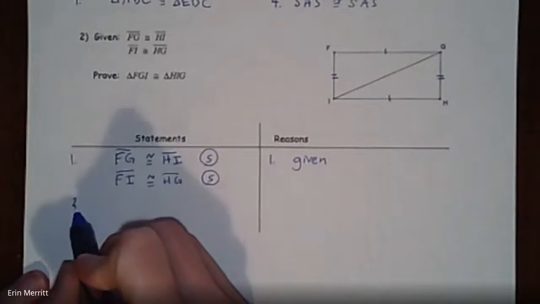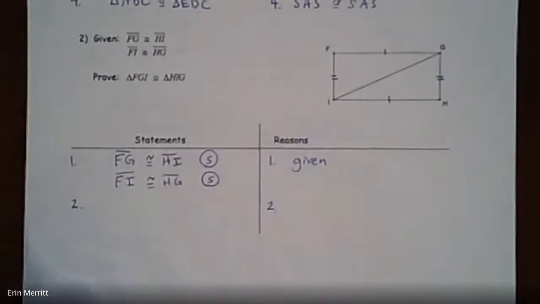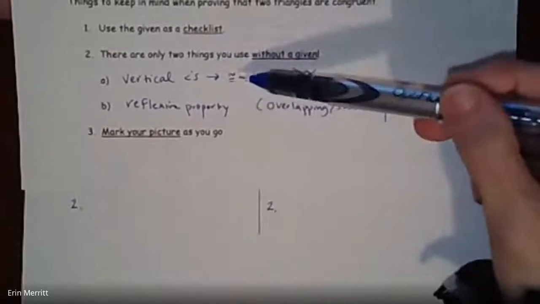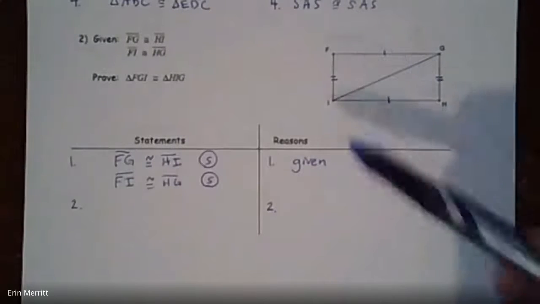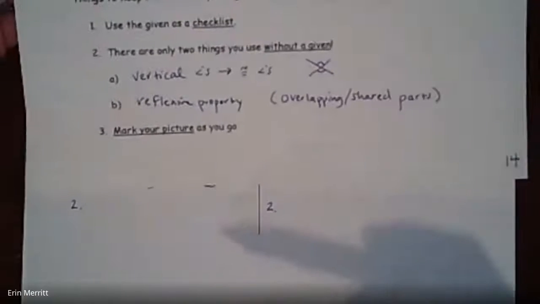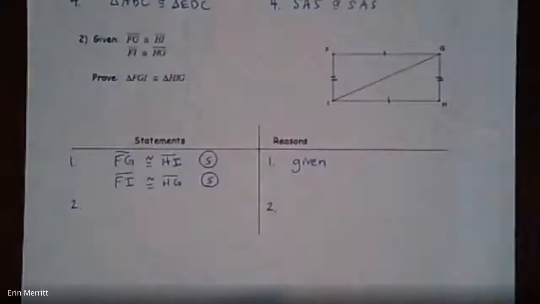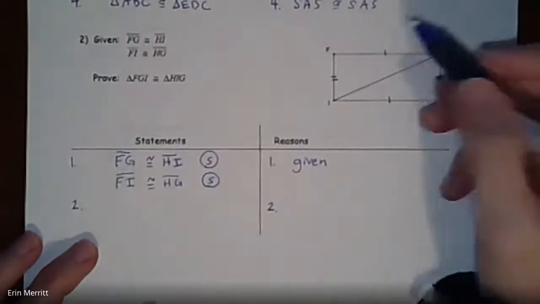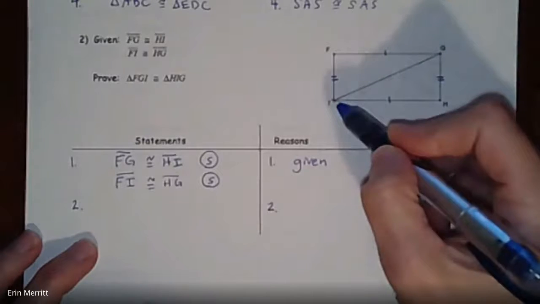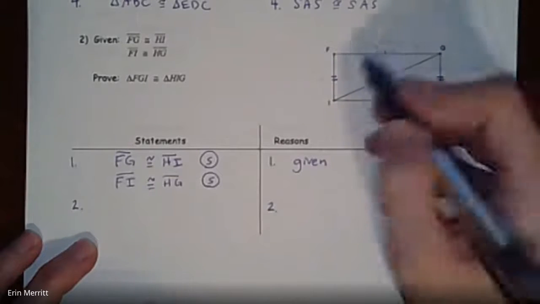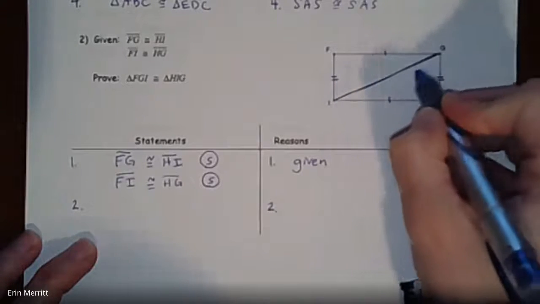But now I'm out of givens. So I have to think. All right, come back to that little reminder. I'm either looking for vertical angles or the reflexive property. So vertical angles, well, I don't have the X shape this time. But if I look at the triangles, they share a part. So when you trace out triangle FGI and triangle HIG, they share that side right down the middle.